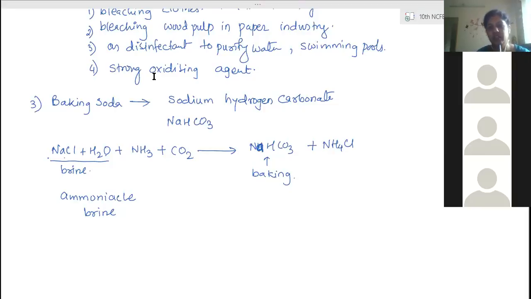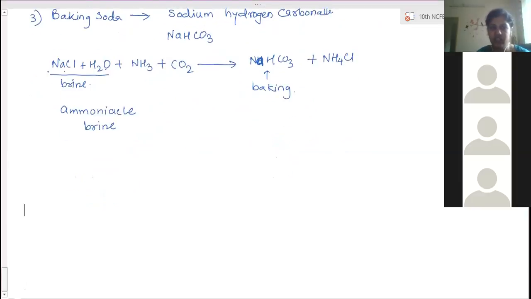Because it produces carbon dioxide when heated strongly, which traps in the batter and makes air holes which give the spongy texture. So the important property is decomposition of baking soda after strong heating.